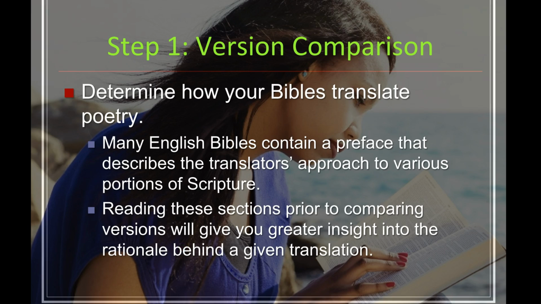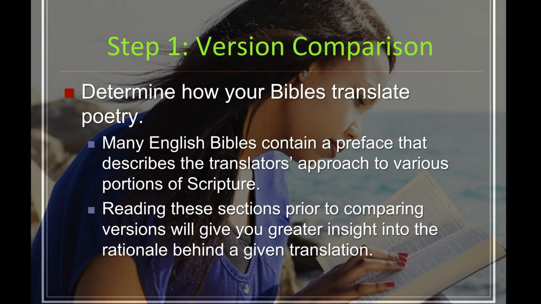Performing a version comparison can be extremely helpful when analyzing any portion of biblical literature. When analyzing version comparisons in the analysis of poetry, you should attend to the following points. First, determine how your Bibles translate poetry.